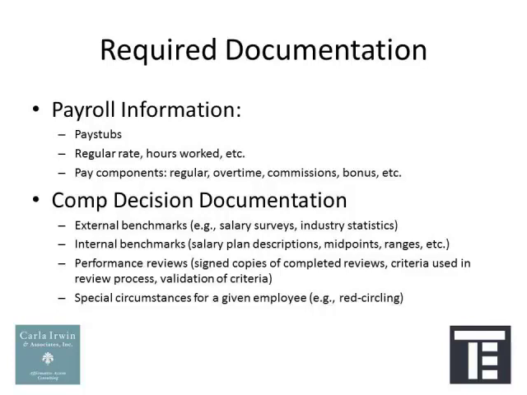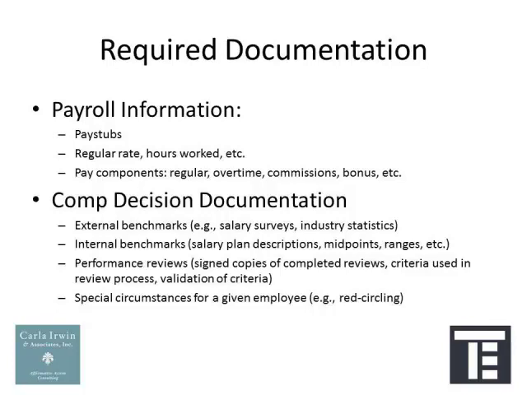If you aren't able to identify those special circumstances and identify, for instance, people who were red circled, when you look at that data, if you were to do a regression analysis or if the OFCCP is looking at your compensation data, those people with special circumstances may stick out. And without knowing that they have special circumstances and without having documentation about those circumstances, it can look like you have an internal equity problem.